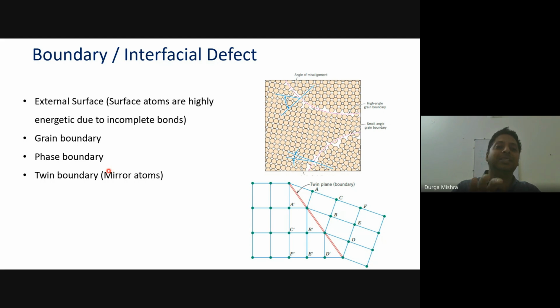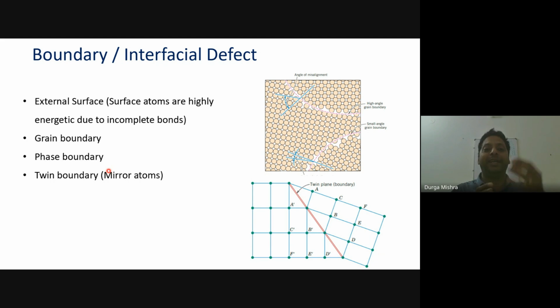Now this is not an issue in a liquid. If I take a liquid, there exists an external surface, and there will be incomplete bonds. But because liquids are flexible, they can change their shape and minimize the number of surface atoms.